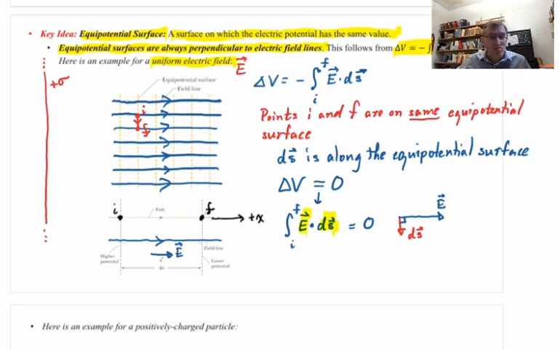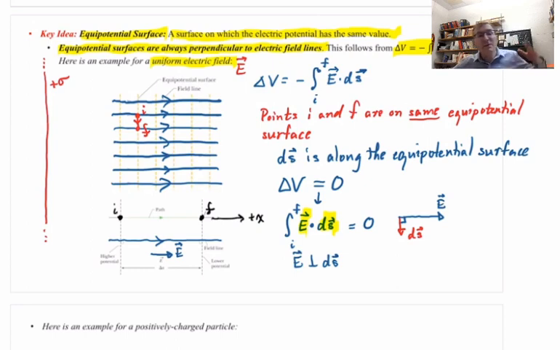Okay? So E must be perpendicular, that vector must be perpendicular to your little ds, and your step was along the equipotential surface. So E is perpendicular to the equipotential surfaces.